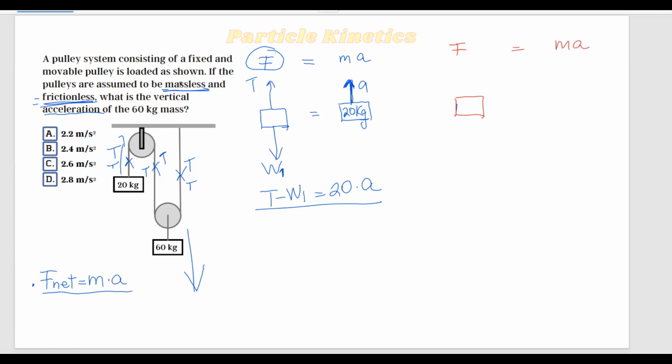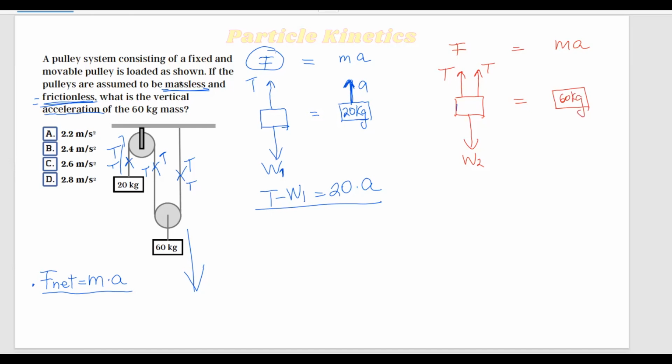So now looking at the 60 kilogram block, we have the weight pulling downwards, which is weight 2, I'm going to say. And then upwards, we have 2 tension strings pulling upwards. So this is T and this is T. These are the forces, and this is equal to, let's represent the other side, ma, which is 60 kilograms.